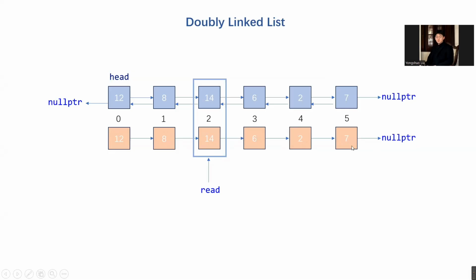If we are using the single linked list, we are not able to access the previous one, right? Because we don't have a temp to record the previous node. But if you are using the double linked list, you can just access the previous one like you access the next one, right? Because it also has a previous pointer to point to the previous one. That's why we need to use a double linked list.